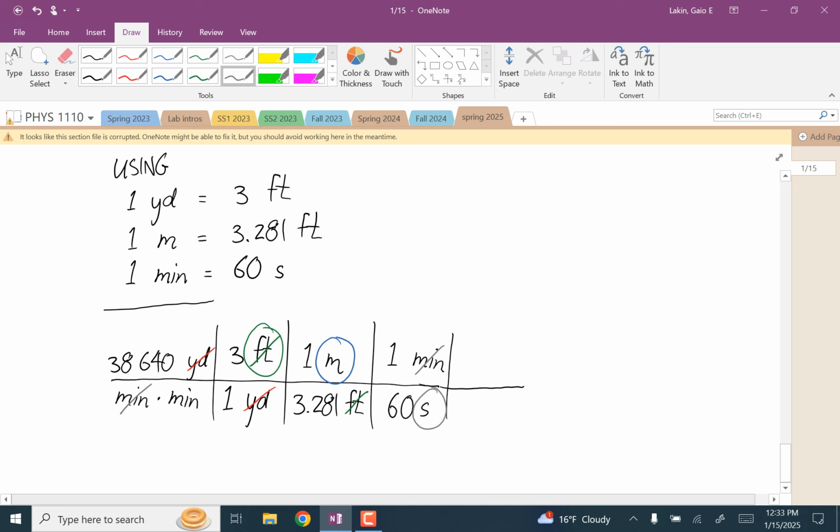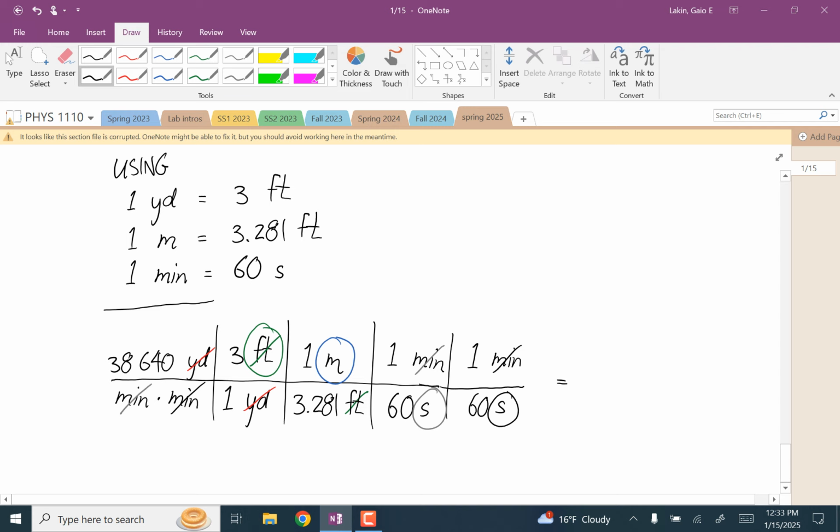But this isn't done yet. We still have this second minute that we have to cancel, so we have to do this step one more time. Again, 1 minute in the numerator, 60 seconds in the denominator. Cancel, cancel, seconds. And now the only units that aren't canceled out are meters on top, seconds times seconds on the bottom.